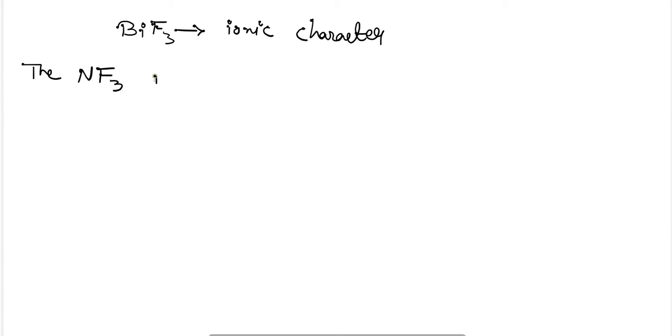BiF3 will be more ionic in character. Out of all, the trihalides of nitrogen are least stable. We will see that the trihalides of nitrogen, that is NF3, is least stable.